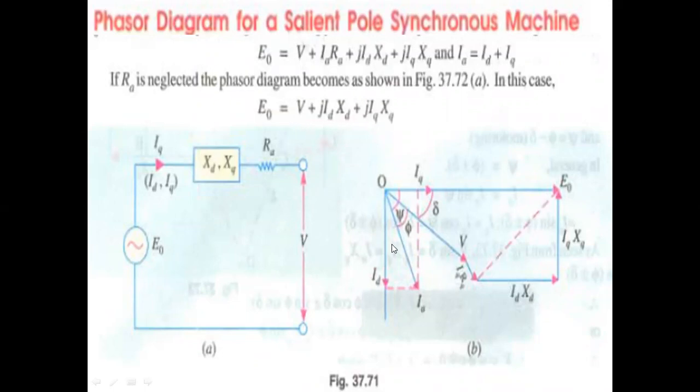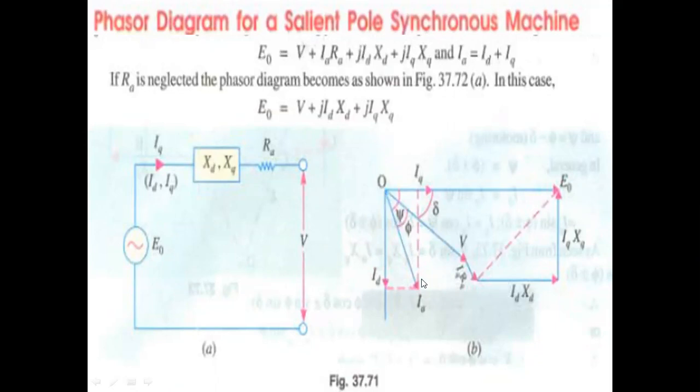I am showing the phasor diagram without neglecting RA, but if RA is neglected, the equation will be like this. I am drawing the phasor diagram for the first, complete equation of E naught. E naught is equal to V, so this is the V vector. To V, I have to add IA RA, and the IA RA drop will be parallel to IA.